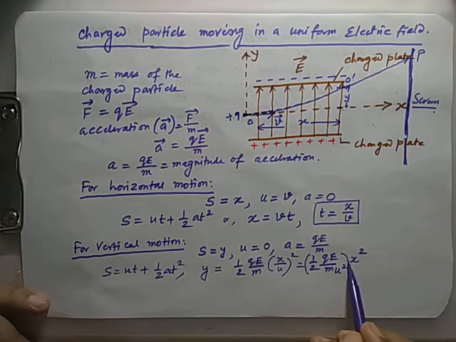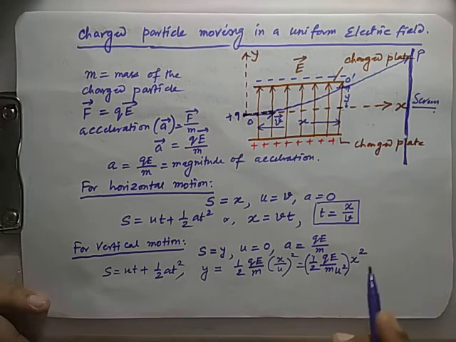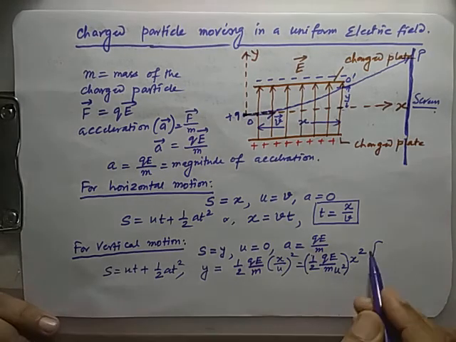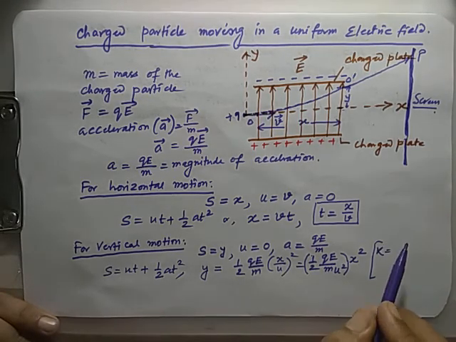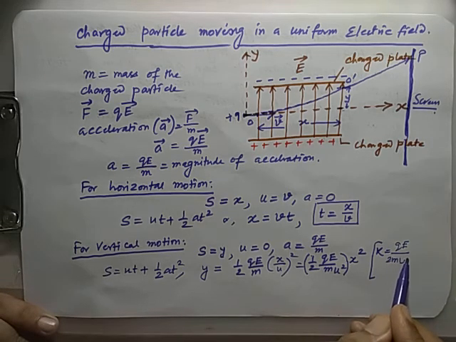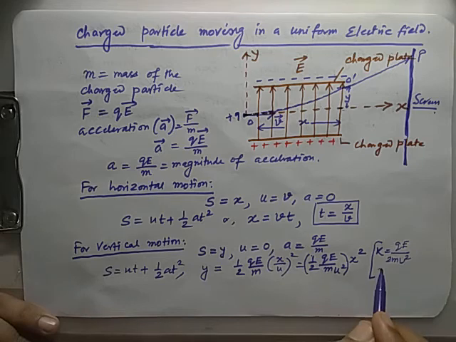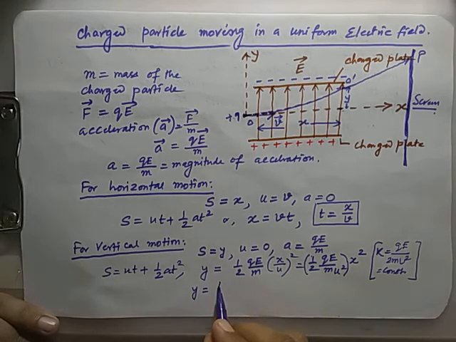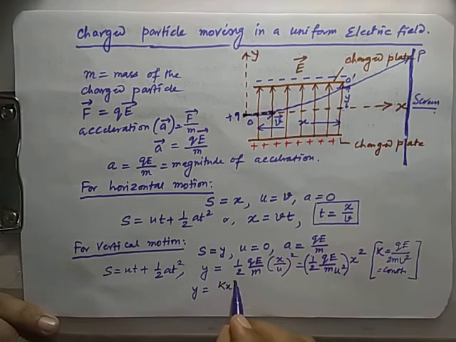So k is a constant, k is equal to qe by 2mv square. So now we write y is equal to k into x square.